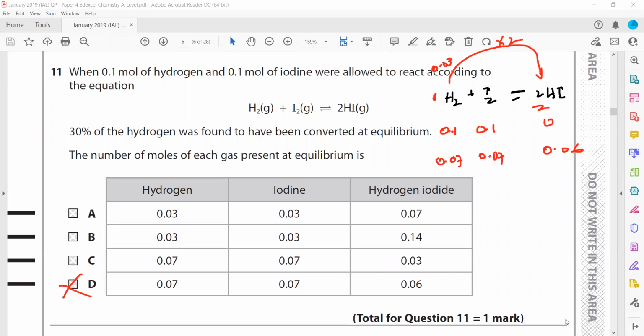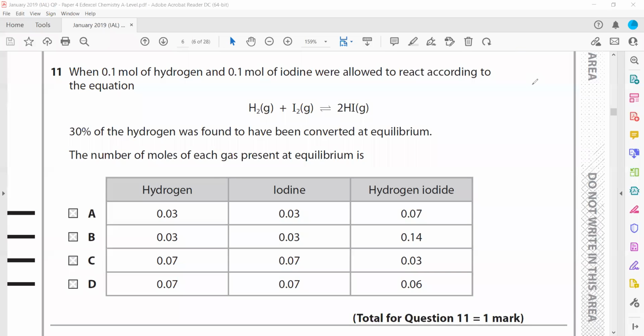So it is basically how many moles of reactants are left and how many moles of product are there at equilibrium that we use for our calculation. Because 30% is used, and here 30% produces 2 moles, like twice. That's why it is 0.06.